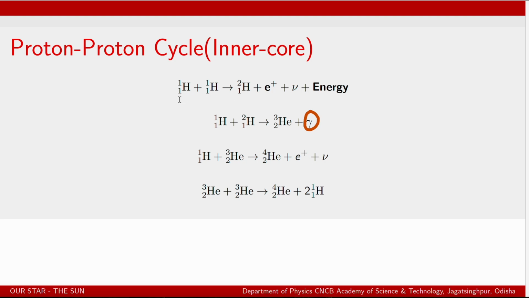This is the proton-proton cycle. These are the nuclear reactions that power the sun, and this is the gamma photon that is eventually released by the sun. And we will see how this photon travels.